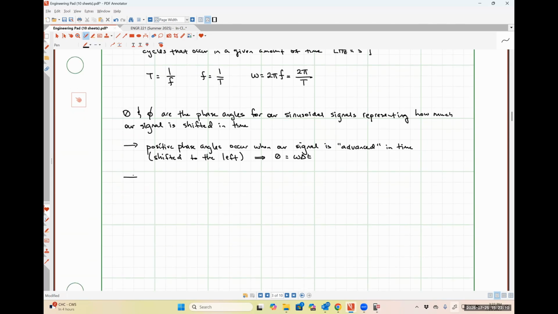Negative phase angles occur when our signal is delayed in time, or shifted to the right.